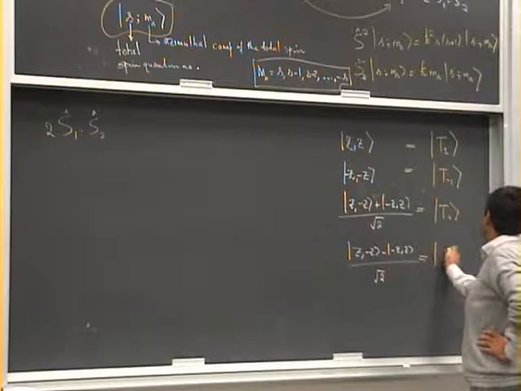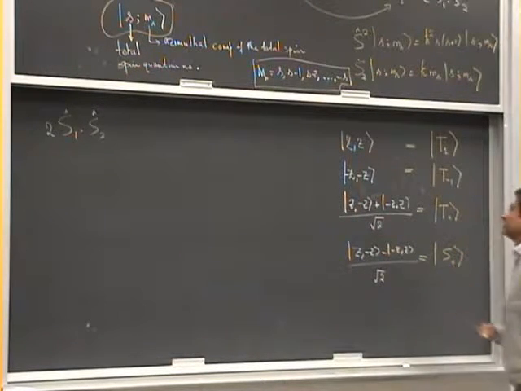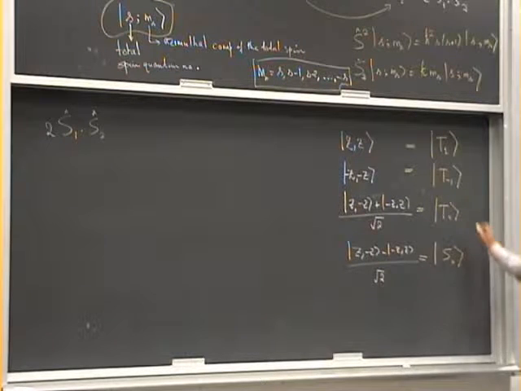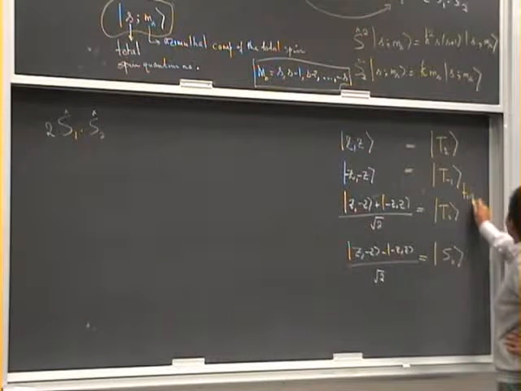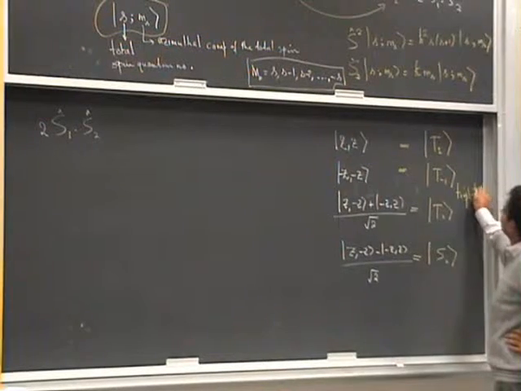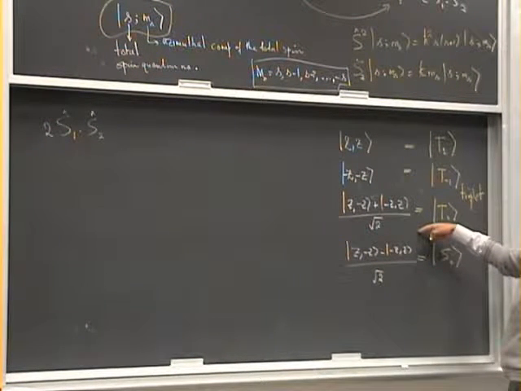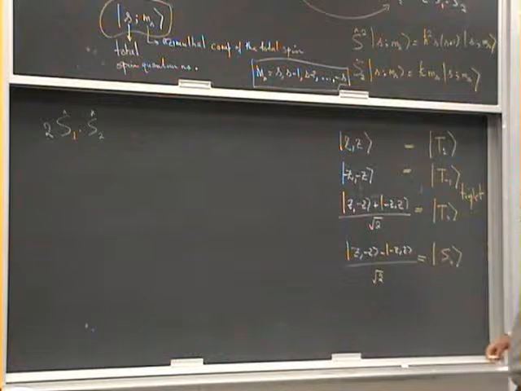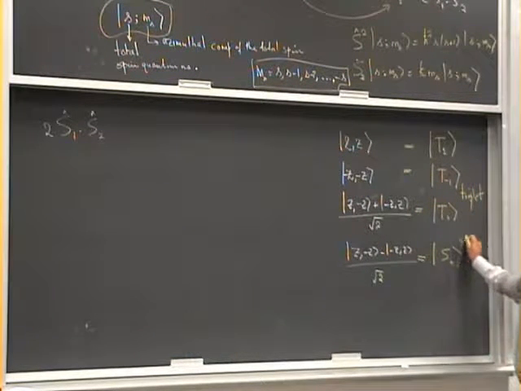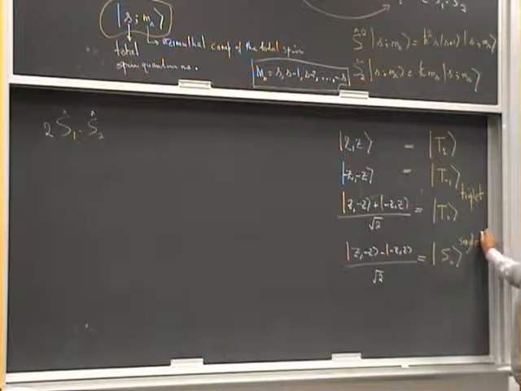I would like to call this state S0. The T stands for triplet. This is a three-fold degenerate state for a Hamiltonian that is proportional to S1 dot S2. And this is called a singlet state. And there are three kinds of triplets and one kind of singlet.